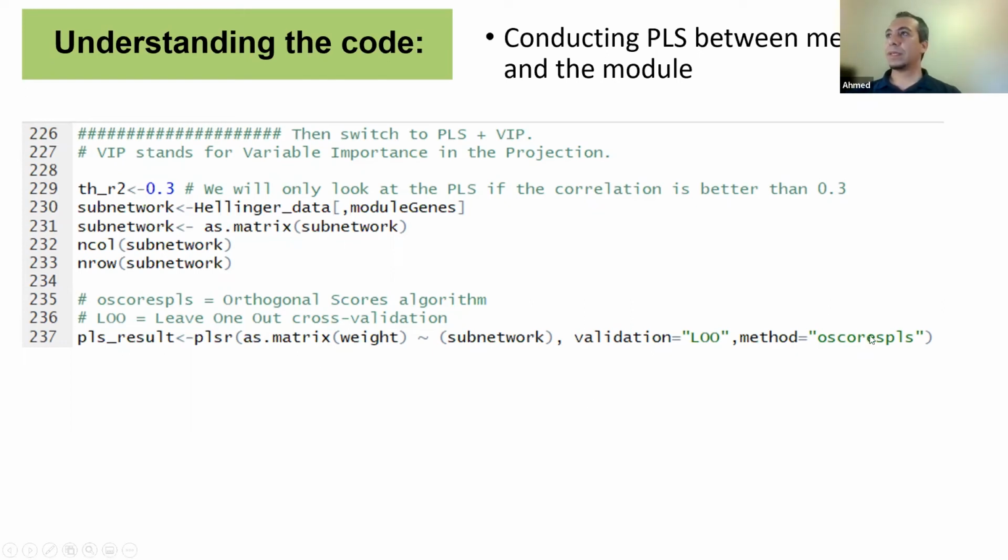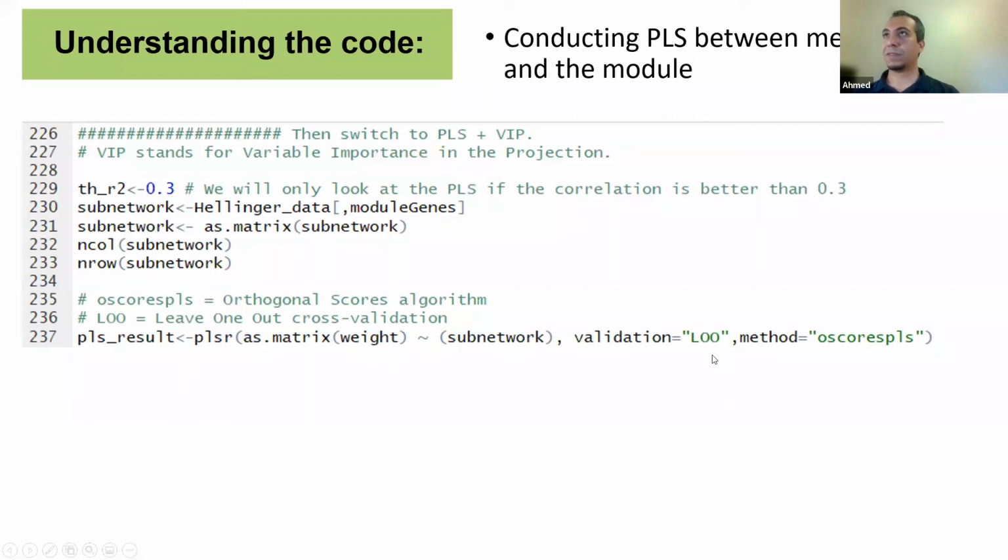So this is the step where you actually do the partial least square regression. This is a function. You regress two things against each other. This is the subnetwork here, which is again your Hellinger transformed data, but not all of the OTUs, just the OTUs that belong to your module of interest. And you regress that against your environmental variable of interest, the upwelling.